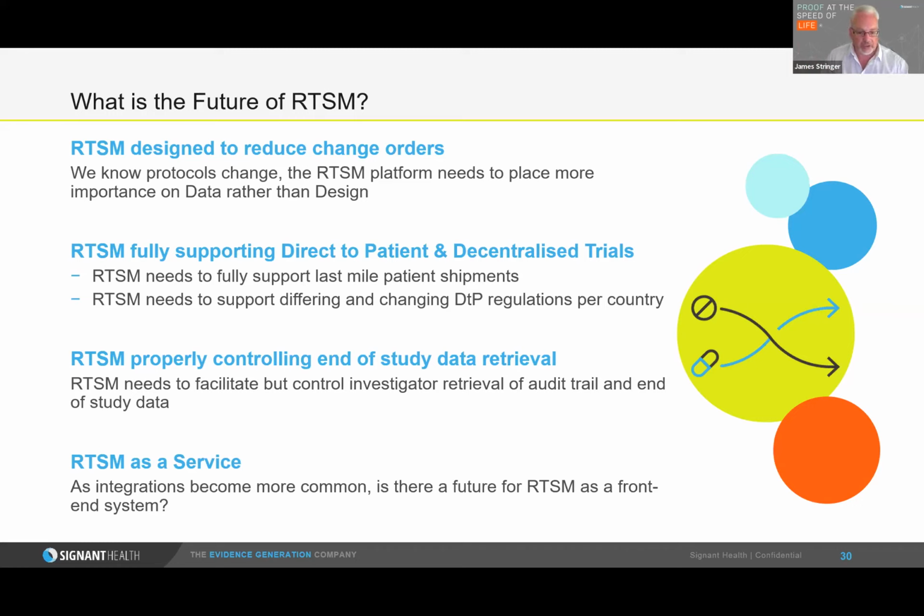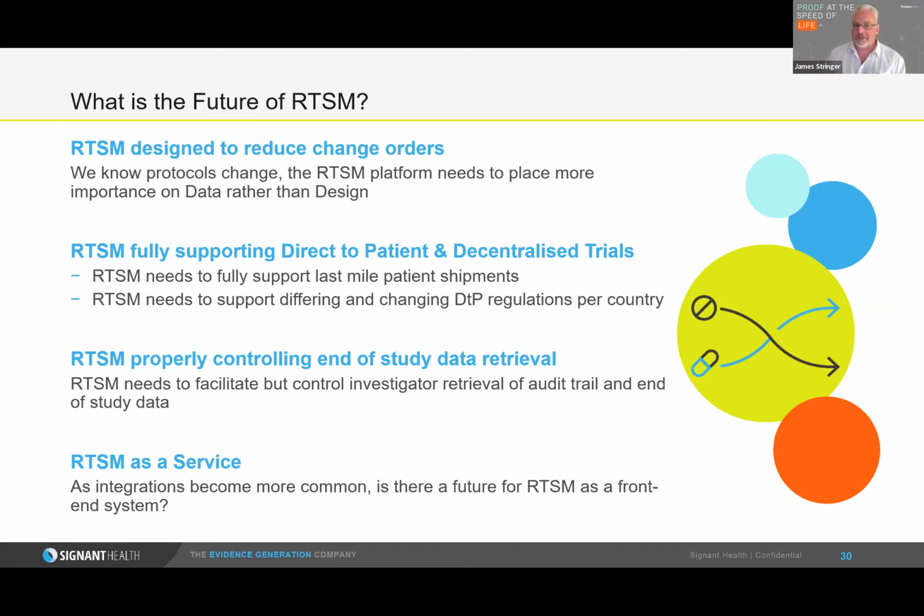There is a future where we don't necessarily need to give our sites yet another system to log into with yet another password and thing. Let's have RTSM as a service where, if RTSM is the point of the pyramid, we're talking about data exchange. Let's have data exchange so that you can squirt data into RTSM and then retrieve data out. And as far as anyone else is concerned, all they've pushed is a button in whichever system they happen to be using.